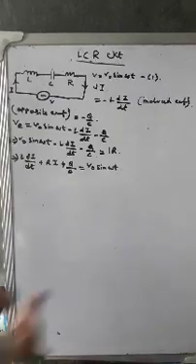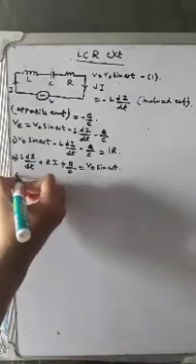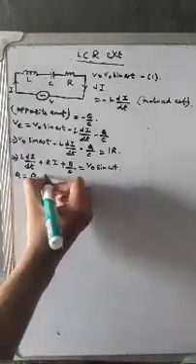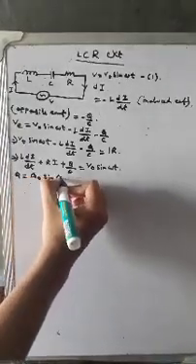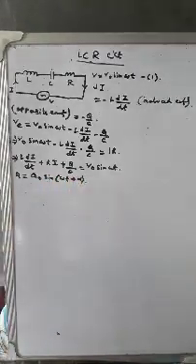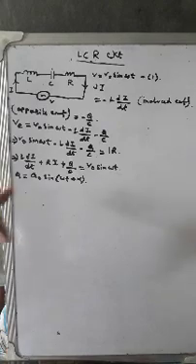Like the usual way, let us consider the value of Q as Q naught sine of omega t plus alpha. From this value of Q, I can get the current.